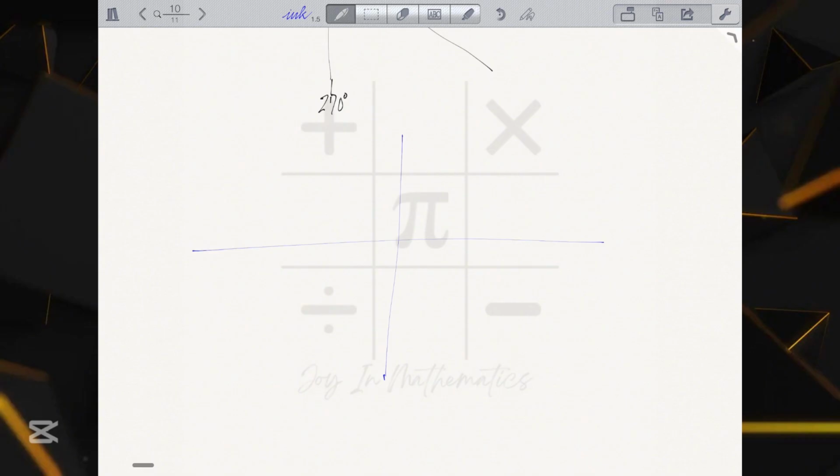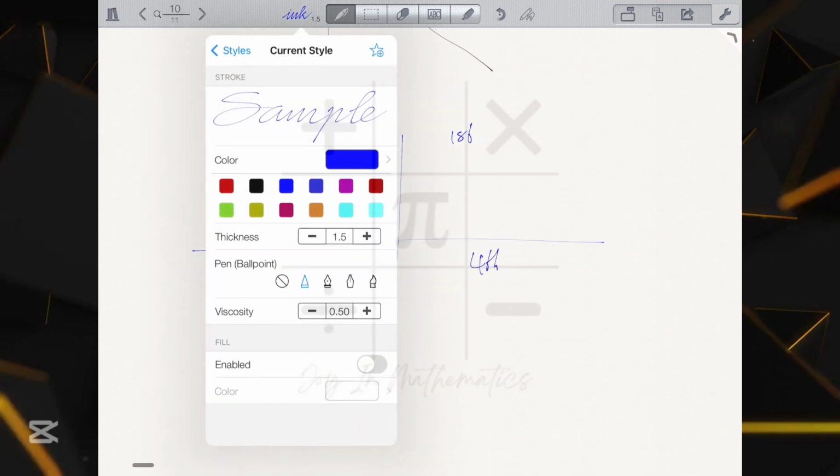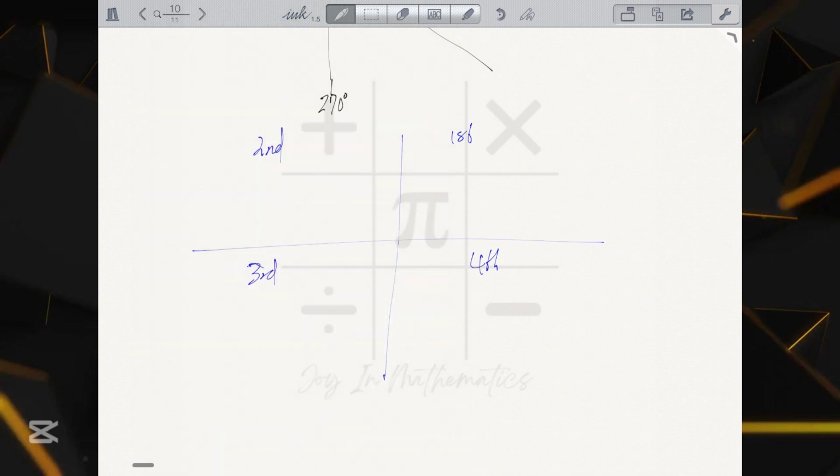If you have the first quadrant, we have the second quadrant, the third quadrant, and likewise the fourth quadrant. The first thing we established was the fact that the first quadrant ranges from 0 degrees to 90 degrees. The second quadrant ranges from 90 degrees to 180 degrees.